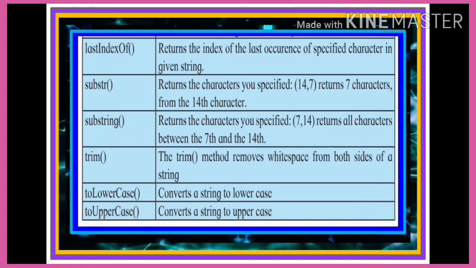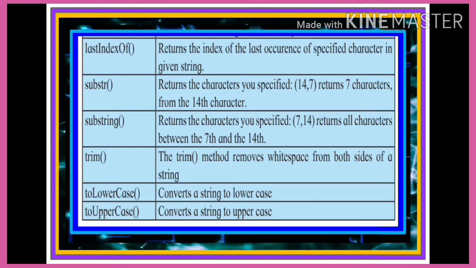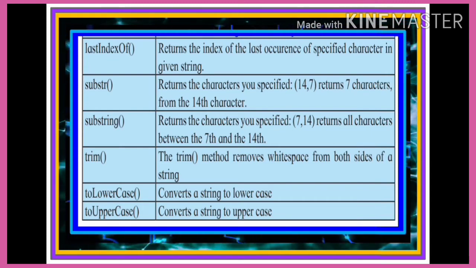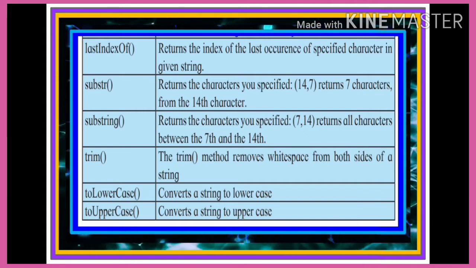So first argument mentions the starting position and second argument means number of characters that will be displayed. Next method is substring method. It returns the characters you specified. In this method also you have to pass two arguments. Suppose 7 is a first argument and 14 is a second argument, so it returns all characters between the 7th and the 14th.